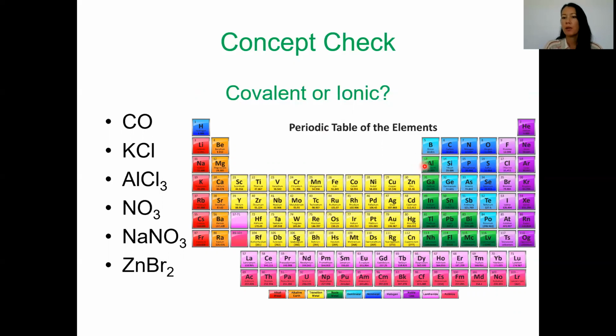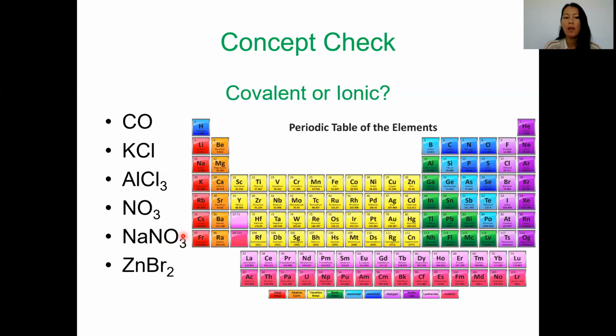Another metal, aluminum, it's to the left of the staircase of semimetals, so aluminum plus chlorine, you have an ionic compound, that's a metal plus a nonmetal. NO3 neutral, 2 nonmetals, that's covalent. Sodium nitrate here, that's ionic because you have an Na+ and an NO3-.